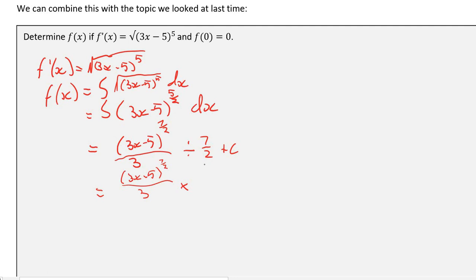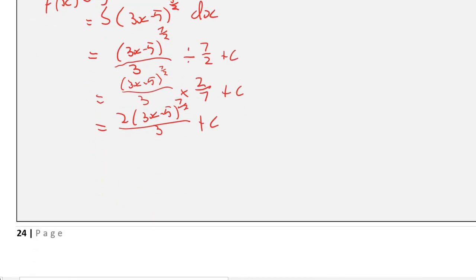And I'm going to inverse the 7 halves to become 2 over 7. And plus c stays as is. And that gives me 2 bracket 3x minus 5, 7 halves over 3 plus c. And that's my f of x.